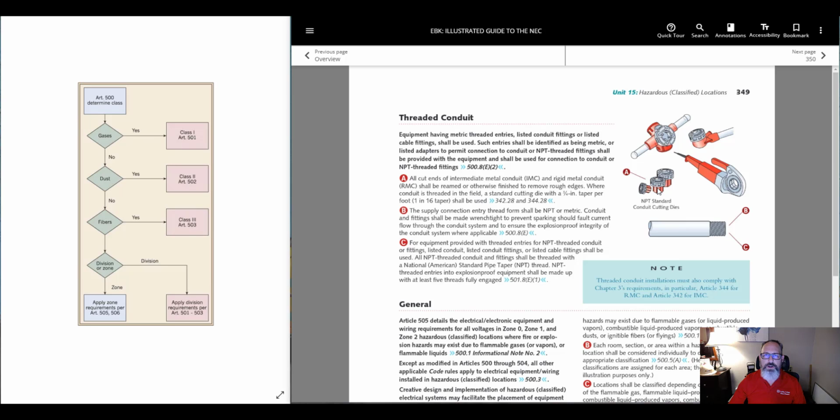Plumbing threads aren't always the best. Their pitch of their thread is too fast, but the NPT thread is more of a straight thread for electrical. If you use a plumbing thread, your taper is going to be much greater, and all that means is that you're going to be seating that much farther into that hub that you're screwing it into.